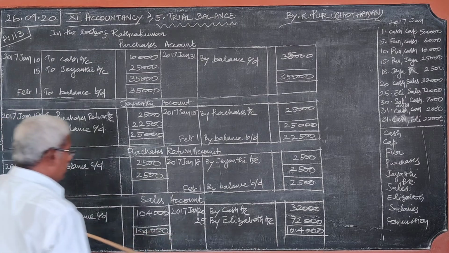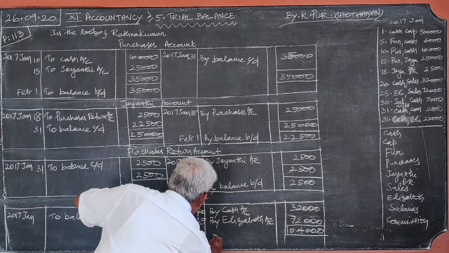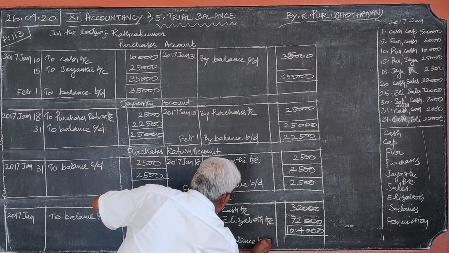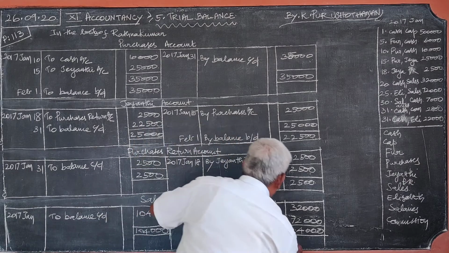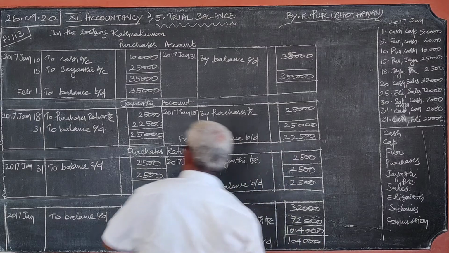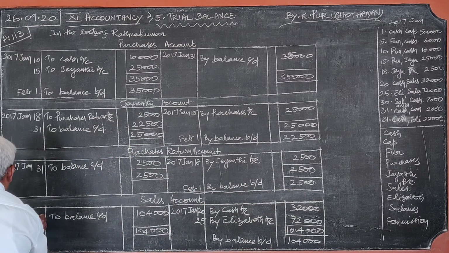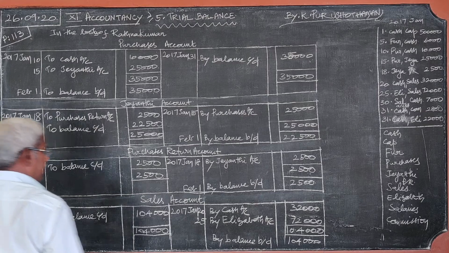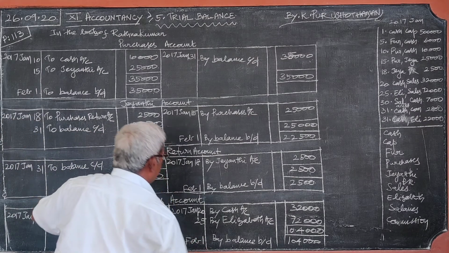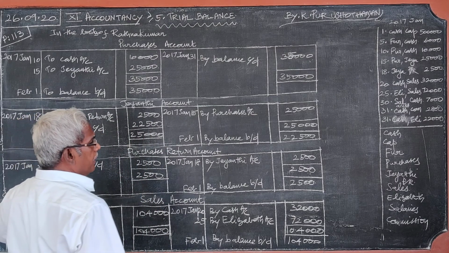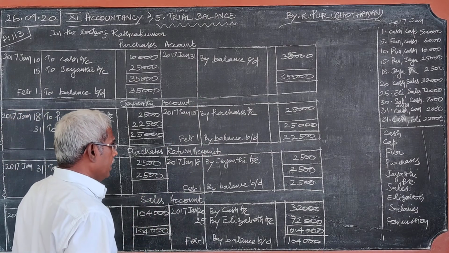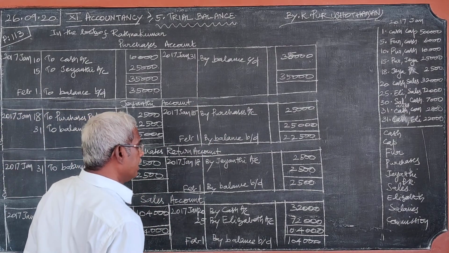This side carried down, therefore on the opposite side brought down, the same carried down amount, 1,04,000. As usual, for carried down the last date of the month, January 31st; here next month, February 1st. There are 3 more ledger accounts that we are going to prepare now: Elizabeth, salaries and commission.